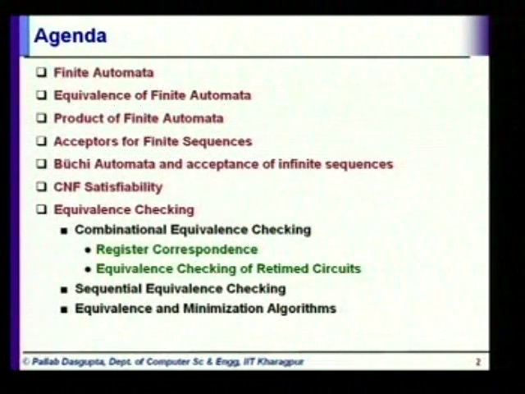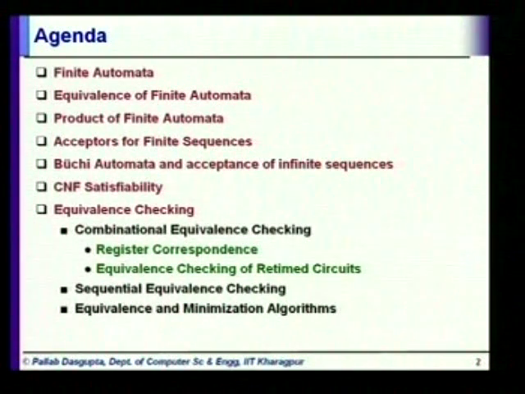So, this is the agenda of what we are going to do over the next 2 or 3 lectures. We are going to look at finite automata, equivalence of finite automata from the definition point of view. Then how do we take the product of finite automata? Then we look at acceptors for finite sequences and acceptors for infinite sequences, and then how we use SAT solvers to do CNF satisfiability.